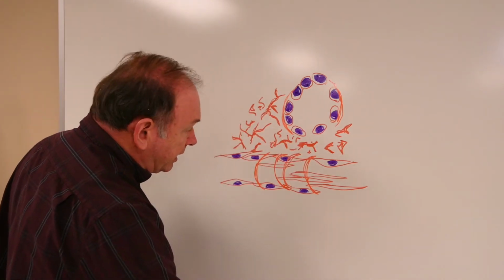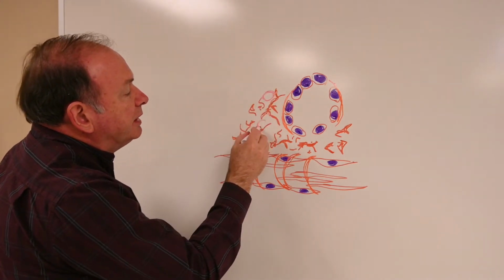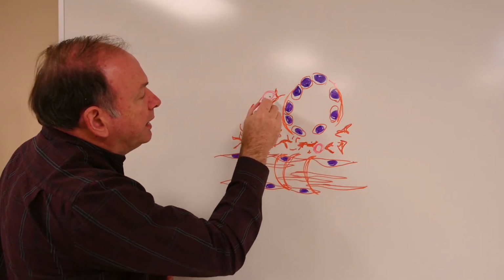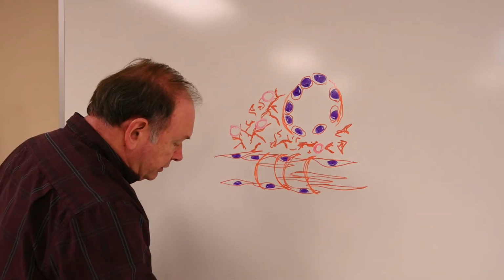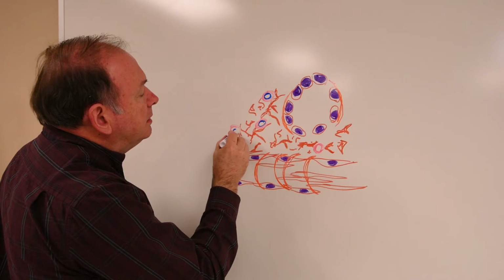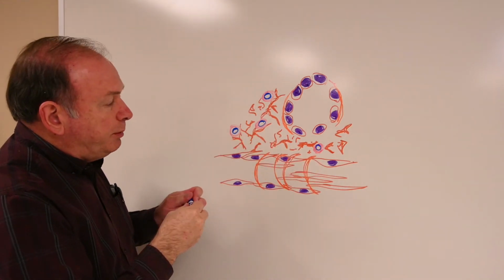And like I said, we're going to have all kinds of cells, and some of the cells are going to be reticular cells. So I guess I'll use this pale red marker that I've got here to represent some reticular cells. Those will be reticular cells that produce reticular fiber.